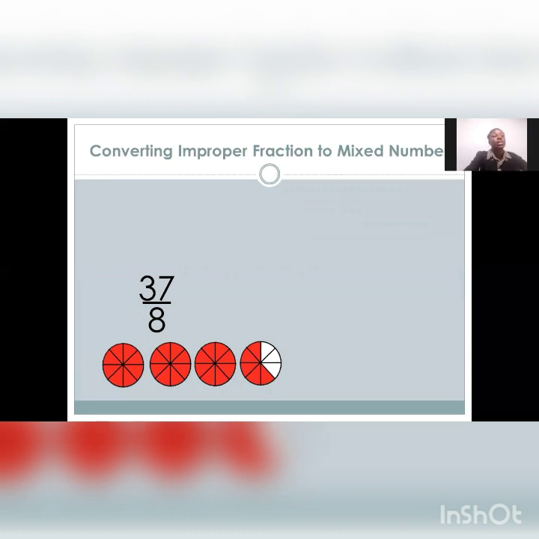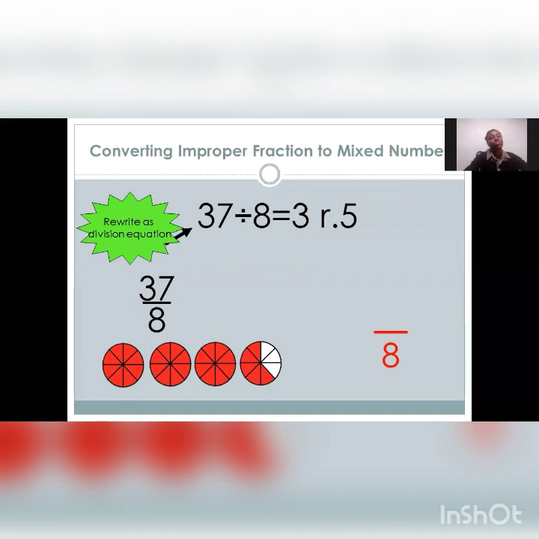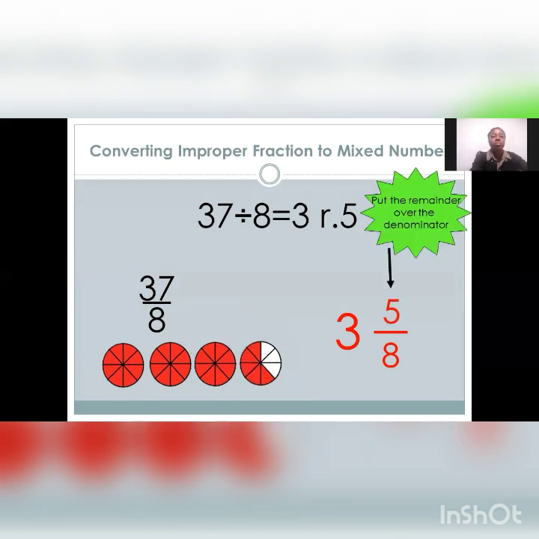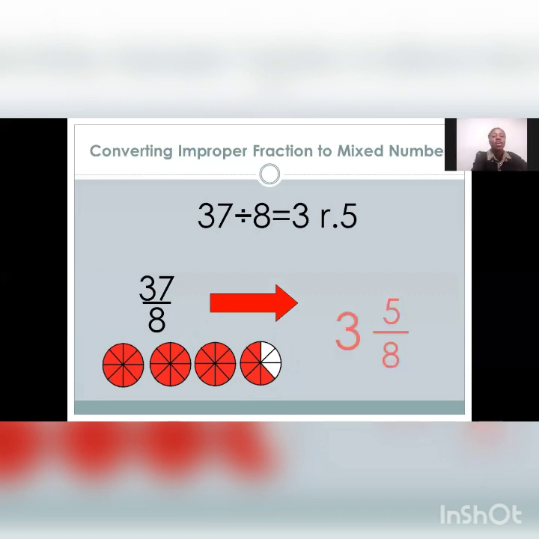Once we write it as the division equation, we see that 8 goes into 37, 3 times with a remainder of 5. So we take the 3, write it as the whole number, and take our remainder of 5 and put it over our denominator, showing us that 37 over 8 can be converted into 3 and 5 over 8 as our mixed number.